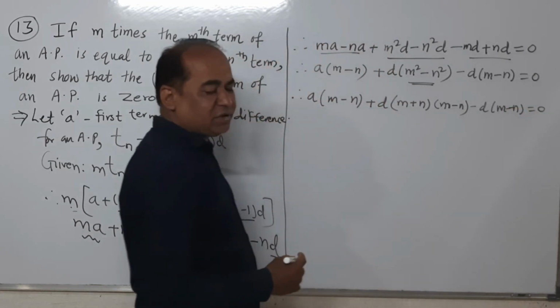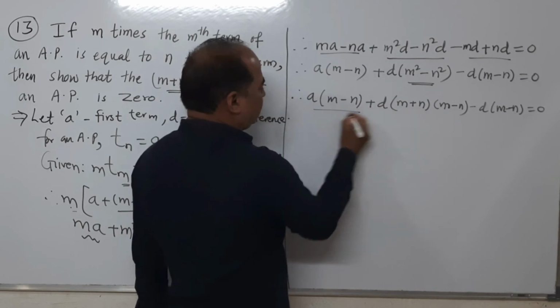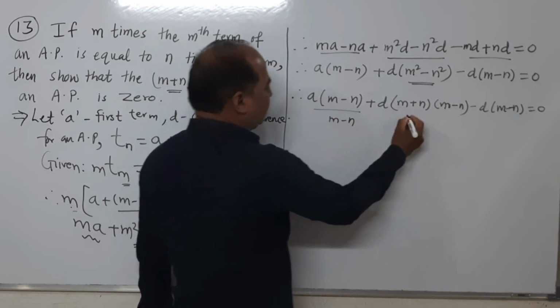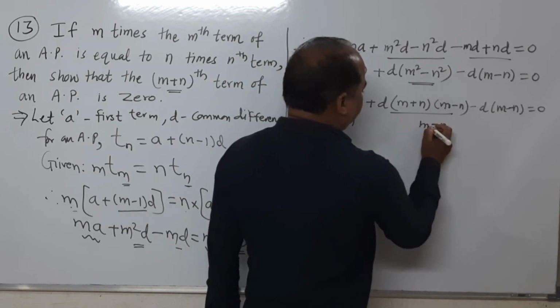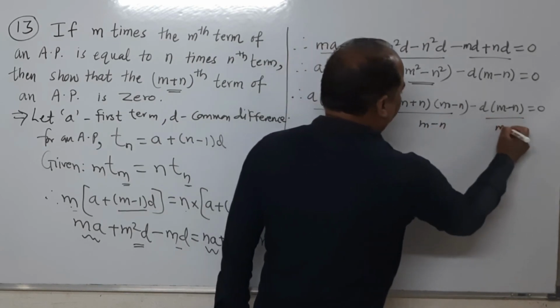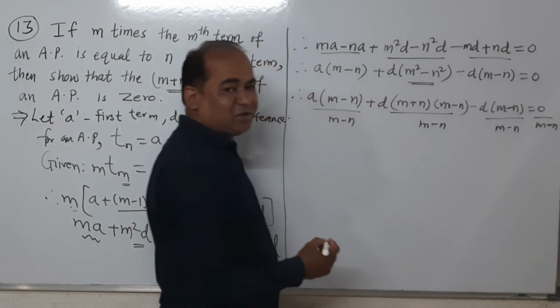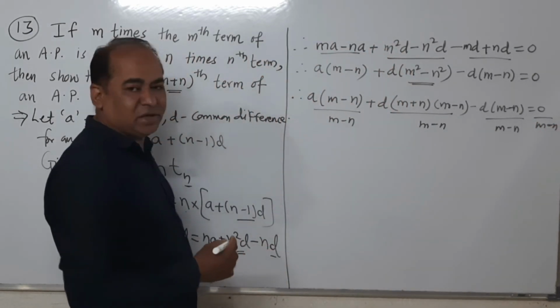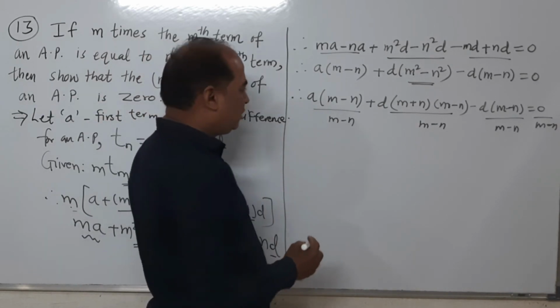Now dividing this equation by m minus n. So dividing each term of this equation by m minus n, since m is not equal to n, m minus n is also non-zero.